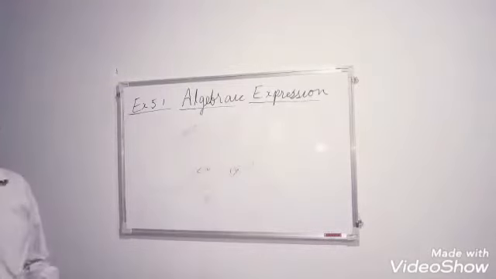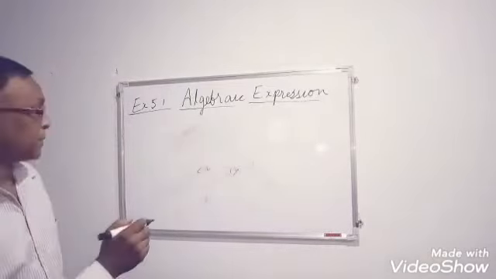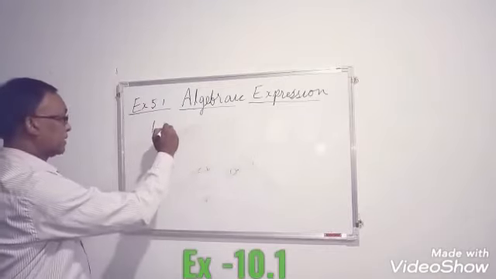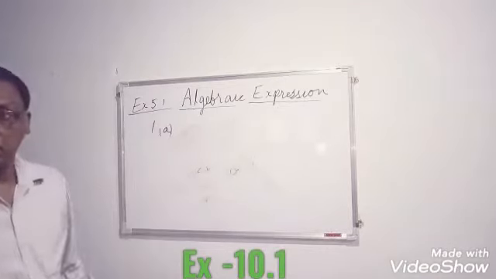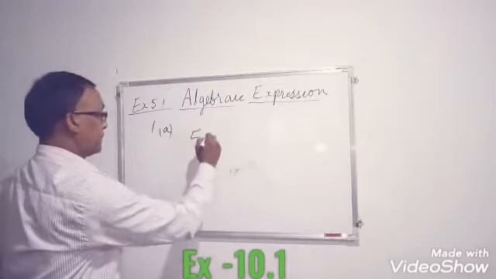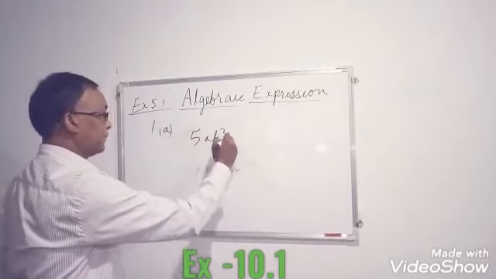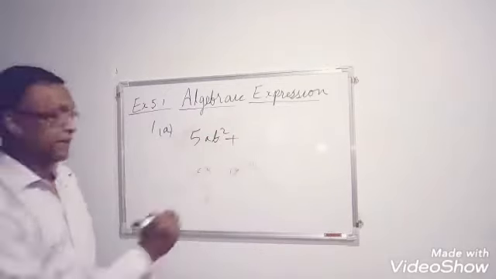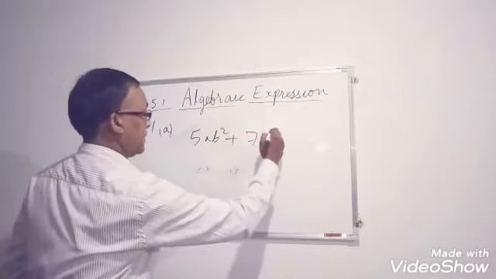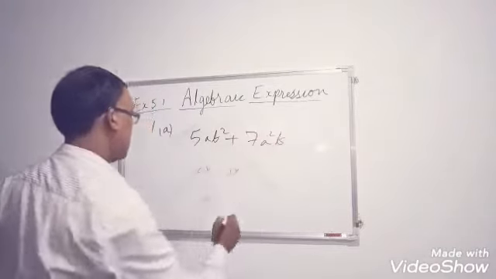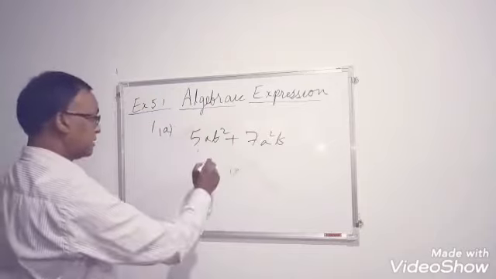Now if you see the first exercise 5.1, question number 1a: 5a squared b plus 7a squared b.